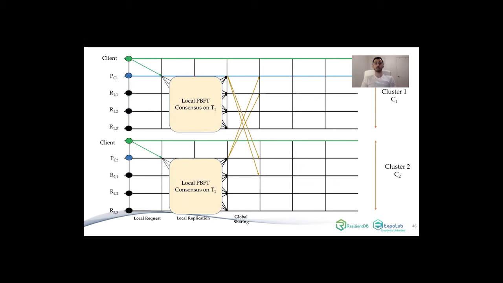That is our reliable intercluster communication, which has been proven to work, and in the presence of a malicious primary, it will detect and replace that primary. After this step, there is local sharing, because not everyone in all clusters receives commit certificates from the primary. After the local sharing phase, they can execute and send a reply back to the client.